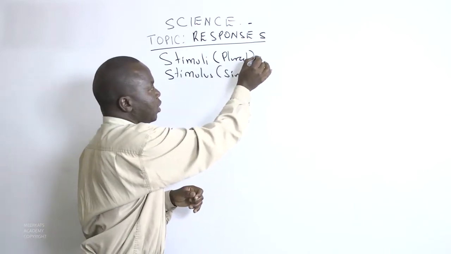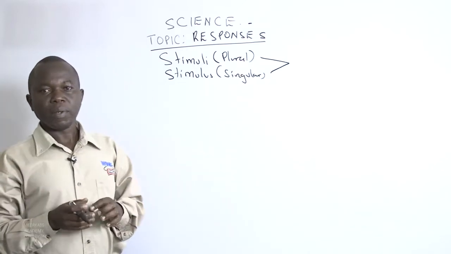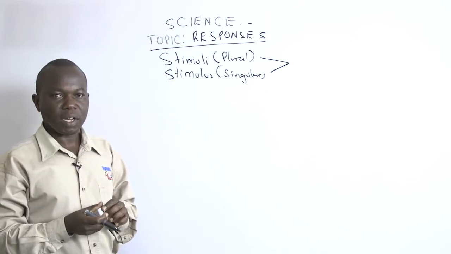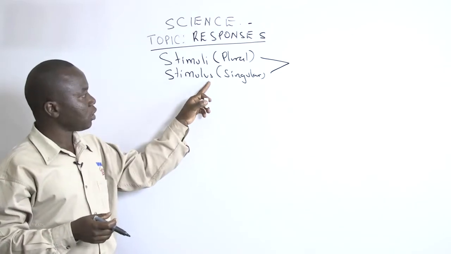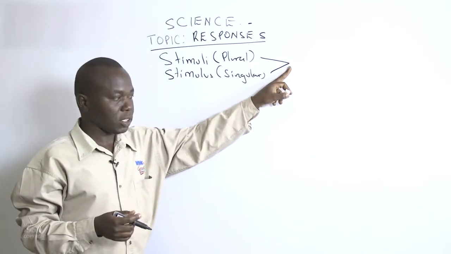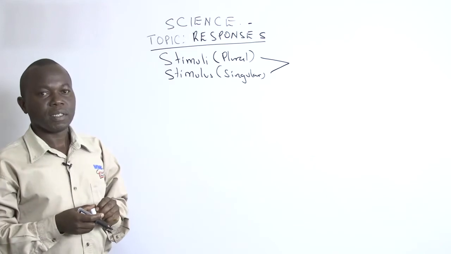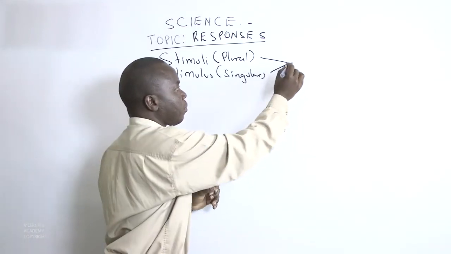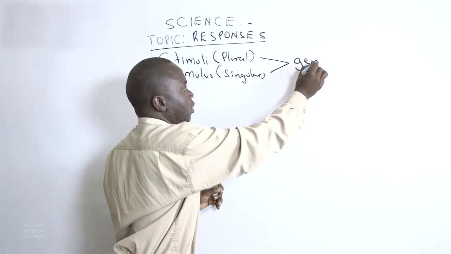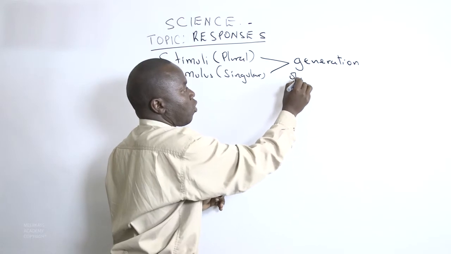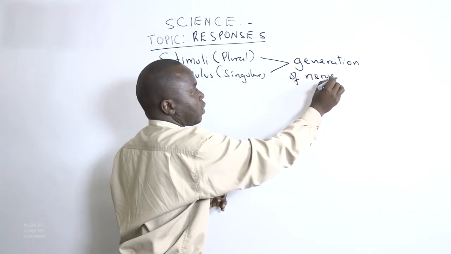So those changes in the environment, the stimuli or the stimulus, will stimulate sense organs to generate a nerve impulse. So it leads to generation of a nerve impulse.